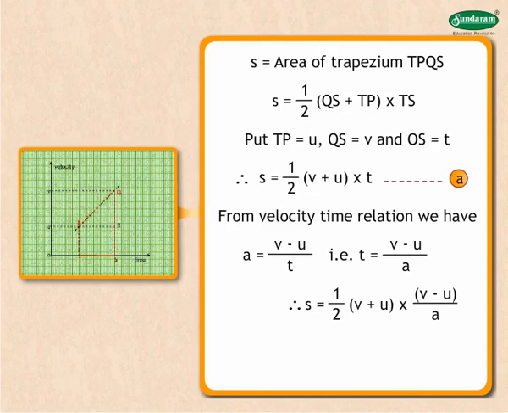Therefore, we have 2 multiplied by a multiplied by s is equal to v square minus u square. On adding u squared on both the sides, we have v square is equal to u square plus 2 multiplied by a multiplied by s. This is the third kinematical equation.